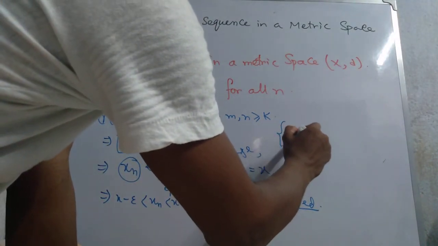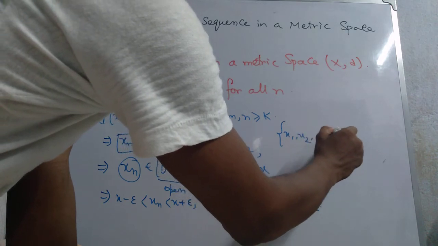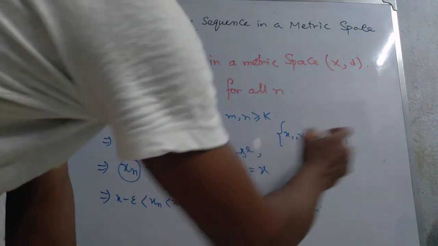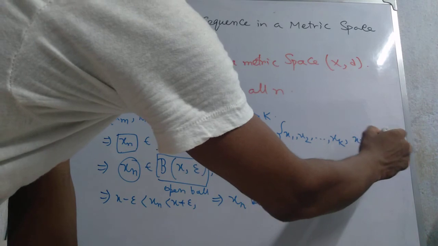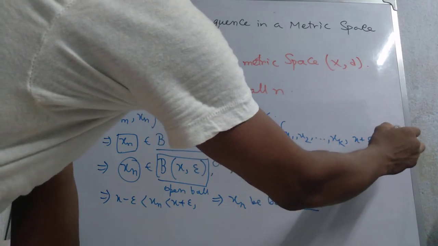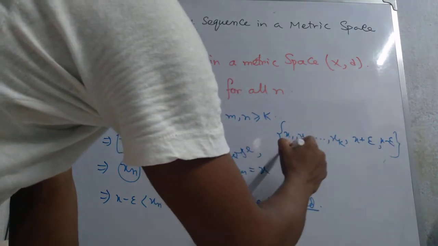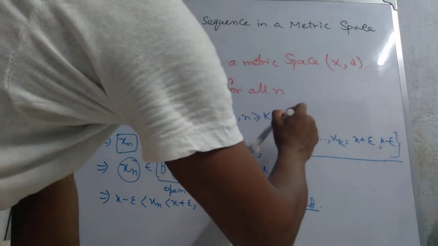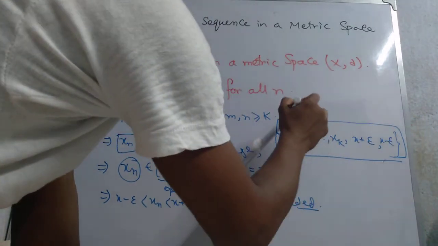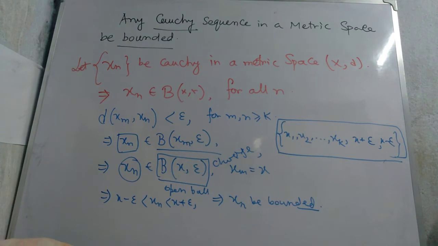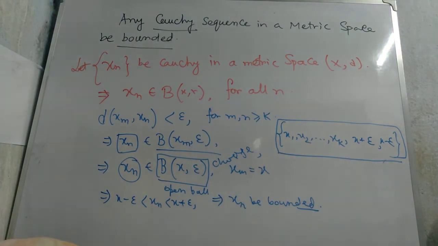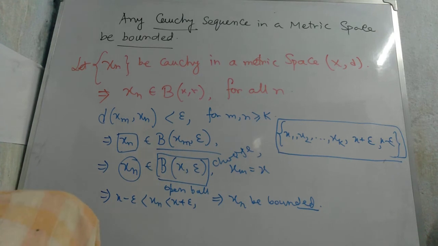That means x_1, x_2, ..., x_k, and then x plus epsilon, this one gives a bound of x_n. Okay, so x_n is bounded, so a Cauchy sequence is bounded. We prove this portion also.